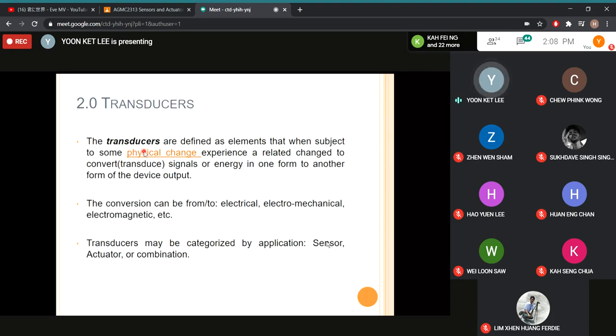When the sound bounces back, they can calculate with the distance and the time, and then know the speed of the car. This is how we have the speed trap on the highway. But if you consider emitting the sound, receiving the sound, and then doing the calculation, all this we call a transducer, because it involves more than one function.